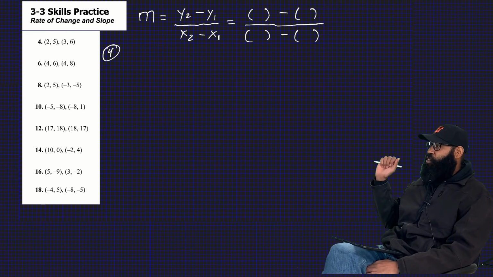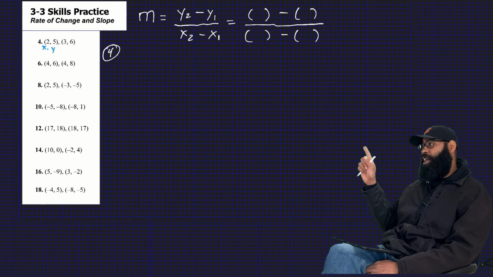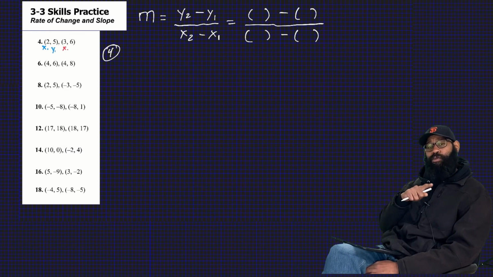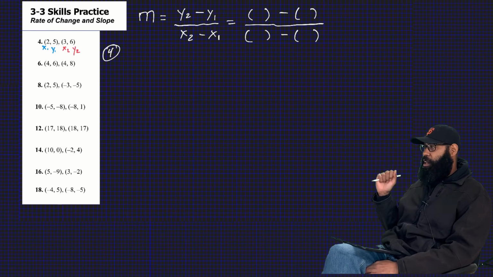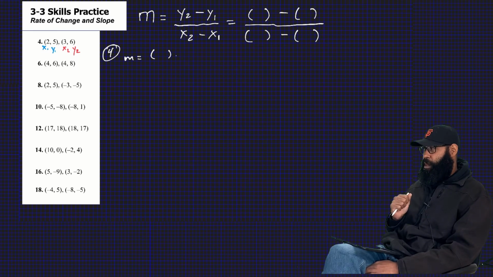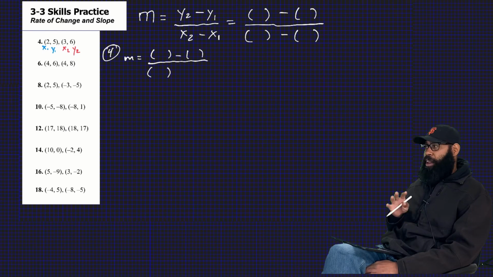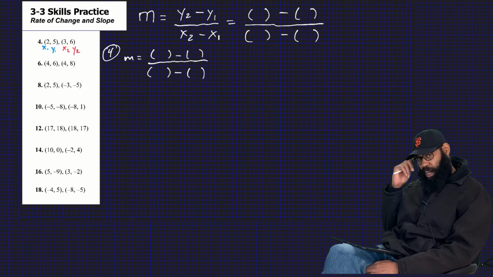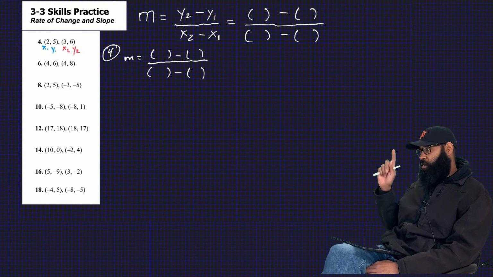And as I start number 4, the first thing I need to start to do is labeling those points. My first coordinate, xy, so that's why it's x1 and y1. The second coordinate is x2, y2, meaning the second coordinate that's given to me. So as I plug in, I use those red and blue x's and y's to keep my eyes on target.